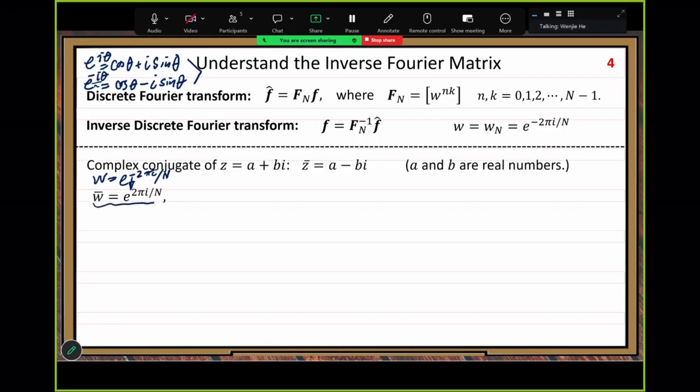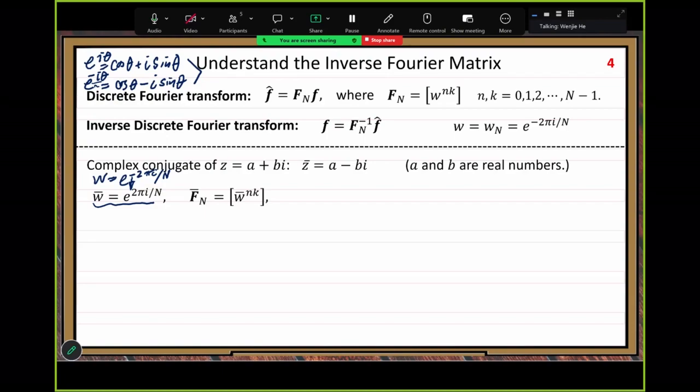The reason we use the conjugate concept is that the inverse of the capital F matrix needs the conjugate. Let's do it step by step, and not jump to the inverse immediately.